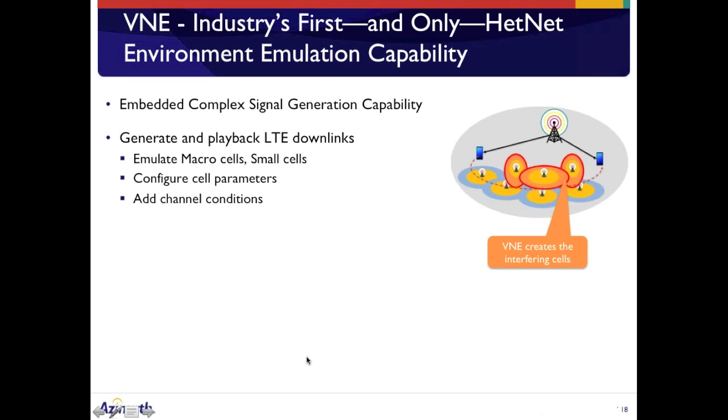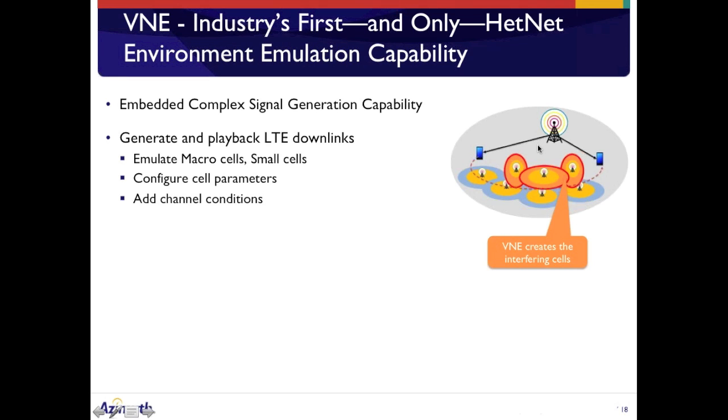One of the advantages of VNE is that if I want to just change the cell ID, or see how my small cell performs when I have a macro cell near me and the macro cell uses ABS pattern 1 and I have another macro cell that does not use ABS or uses ABS pattern 2, to test these different permutations and combinations, all the changes can be done at the click of a button. So you have total control over these interferer cells and how they are configured.